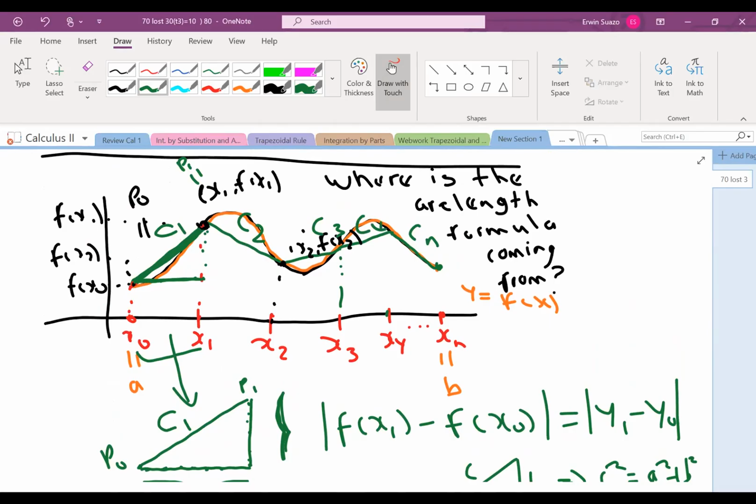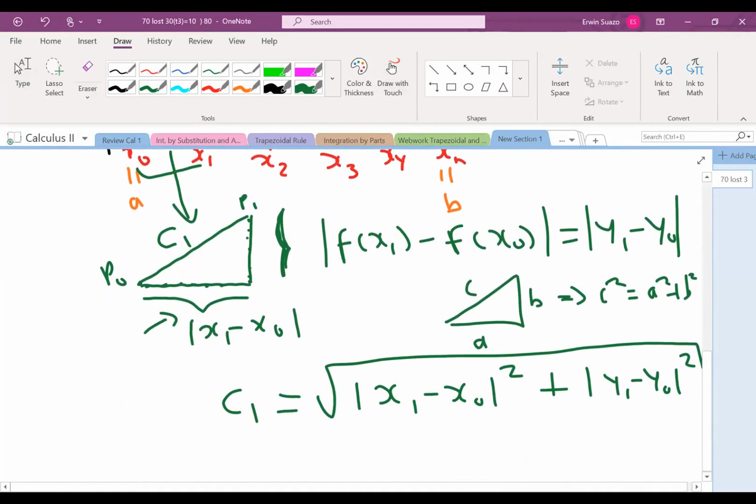So what is my approximation? Well, my approximation is this C1, right?